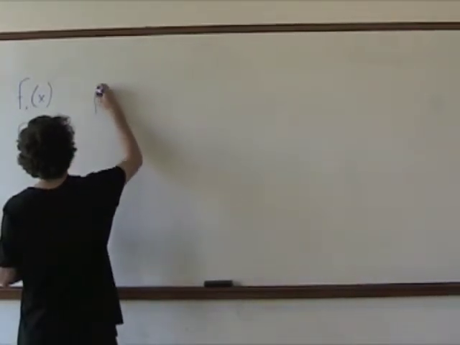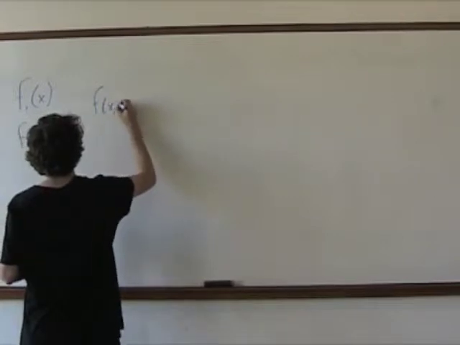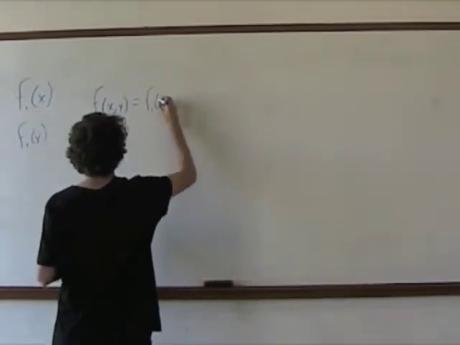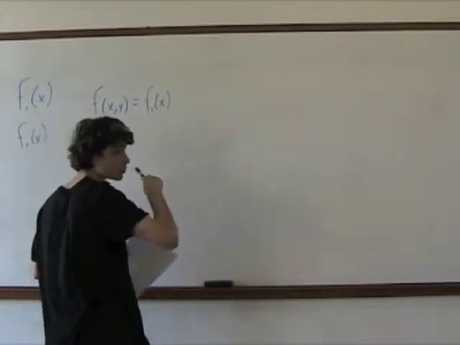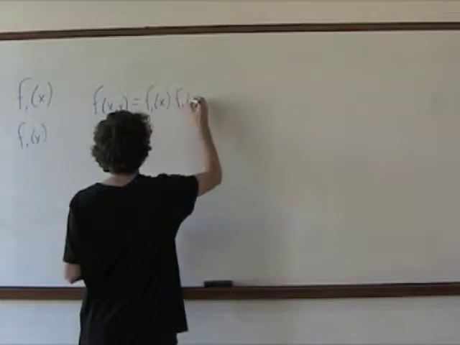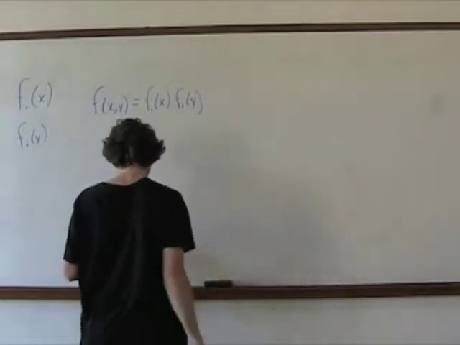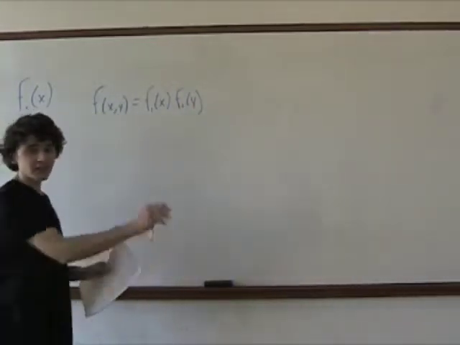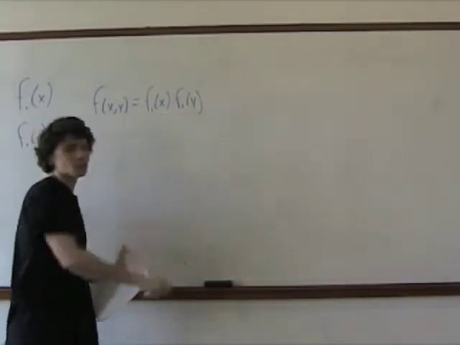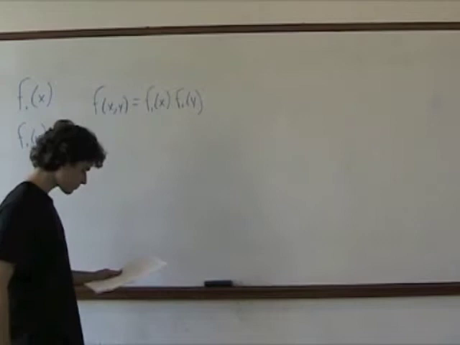The joint density function equals the product of the two individual probability density functions. And when it's in this equation, we call these independent random variables.